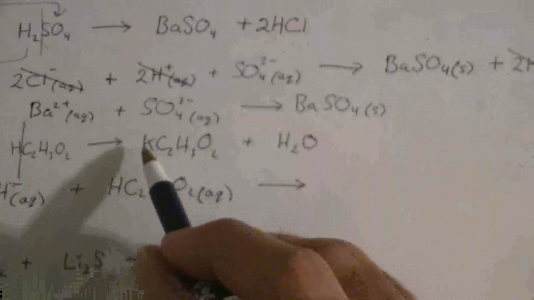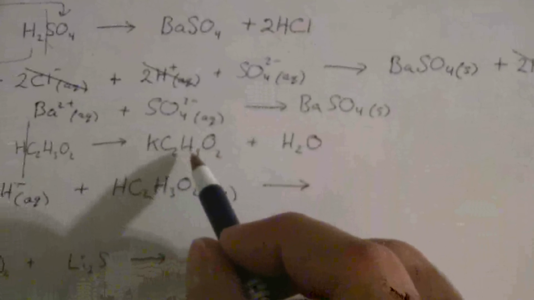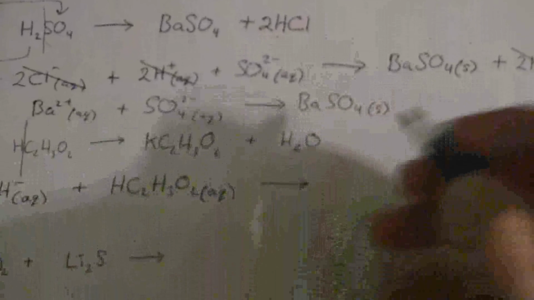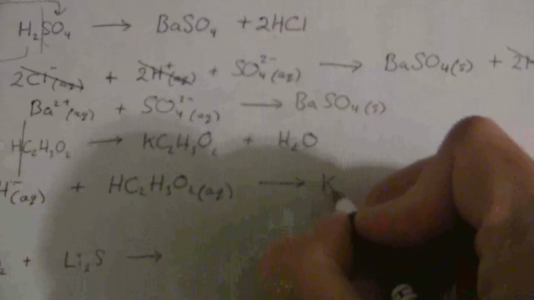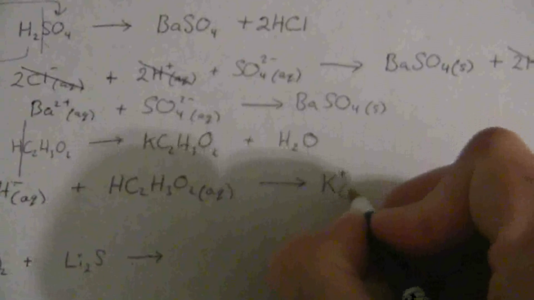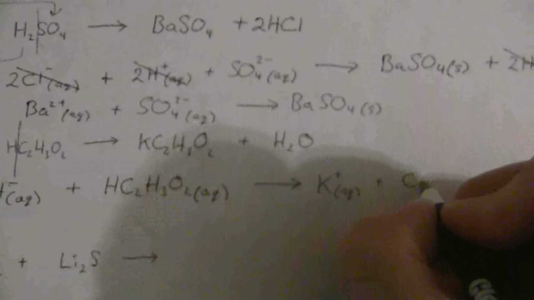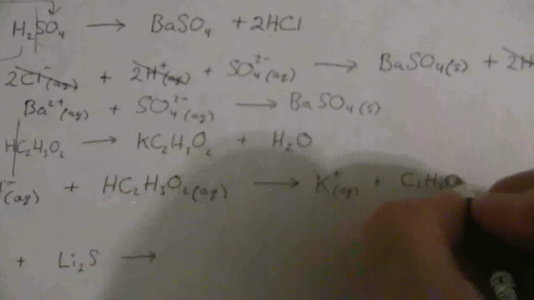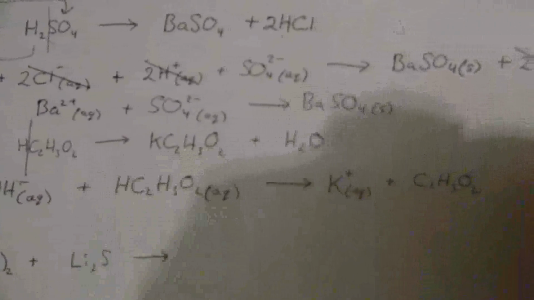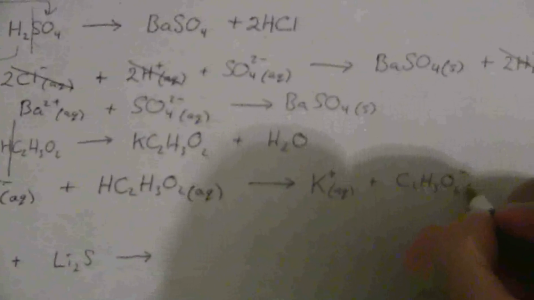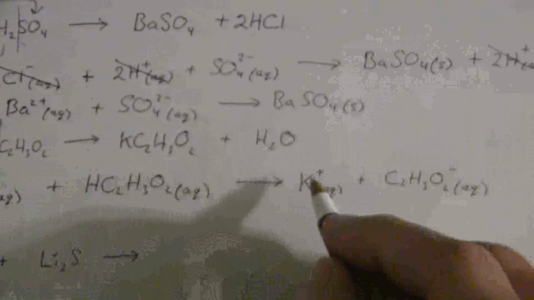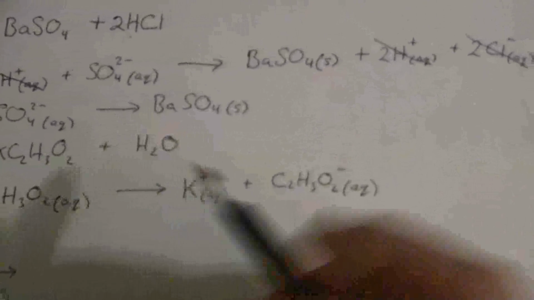On the product side, we're looking at potassium acetate, and this is going to be a soluble compound. Potassium containing salts are soluble, as well as acetate ions. So we would write this like so, separating those. Then we have water.